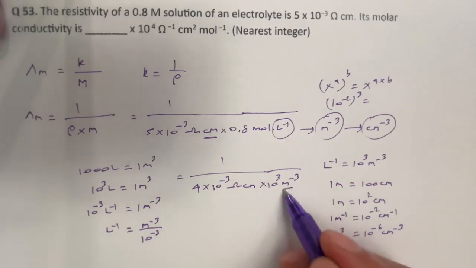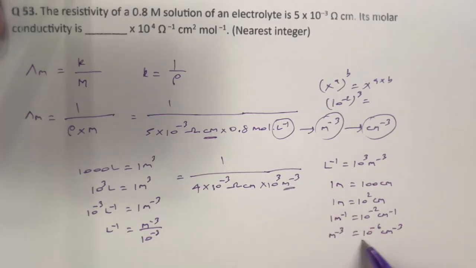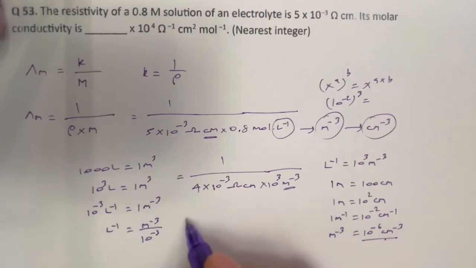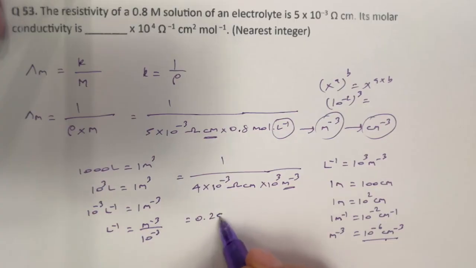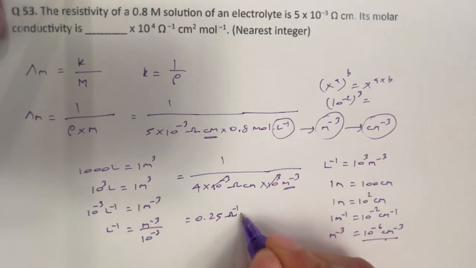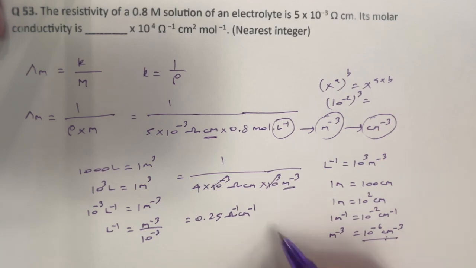So now for this per meter cube, let's substitute this value. If we do that, then 1 by 4 we can write as 0.25, isn't it? And this will cancel. So let's send this one up, per ohm per centimeter. This one, if we are sending it up, then that would become 10 to the power plus 6 centimeter cube.